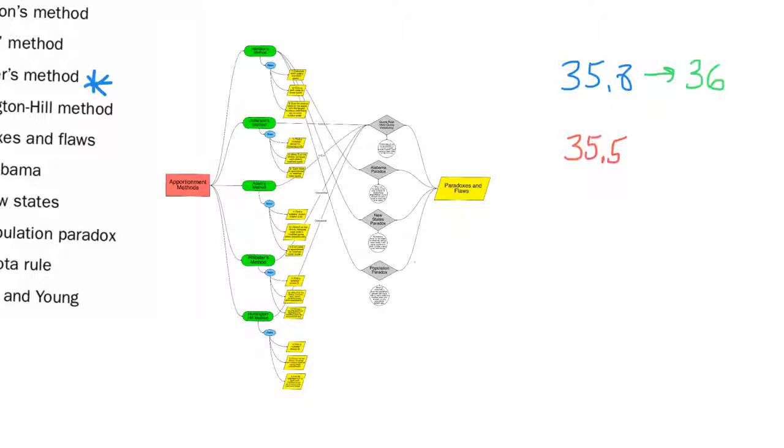Whereas, if we're dealing with a decimal value of less than 0.5, such as 0.4, 0.3, 0.2, 0.1, then we're going to round it down to, in this case, 35. So really, Webster's method is the exact same thing that we just did, only now the difference is the way that we round it.